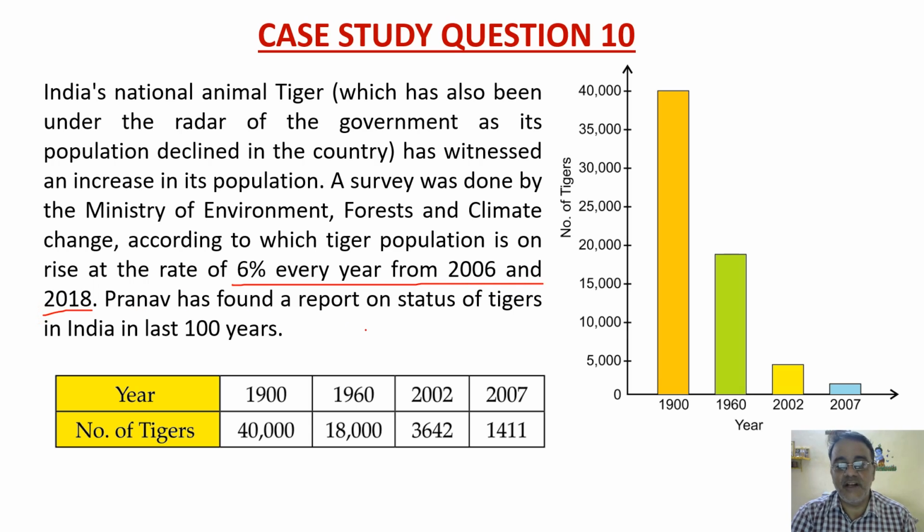Pranav has found a report on the status of tigers in India in last 100 years. Okay, so year wise he has the calculation of the number of tigers. Okay, so 1900, 1960, 2002 and 2007, these are the years. Now based on this survey, few questions are there.